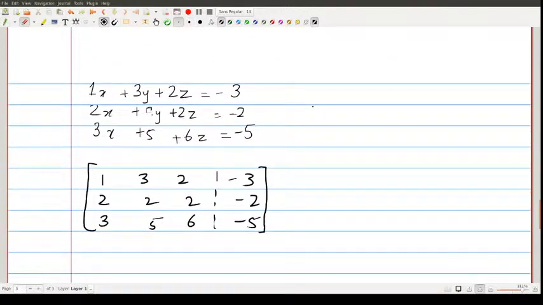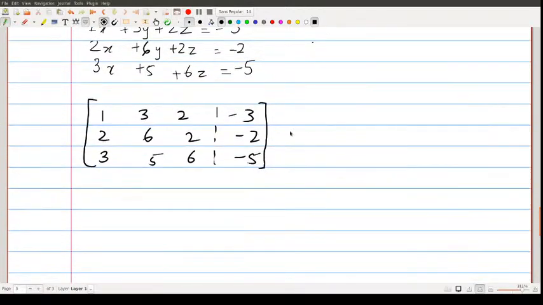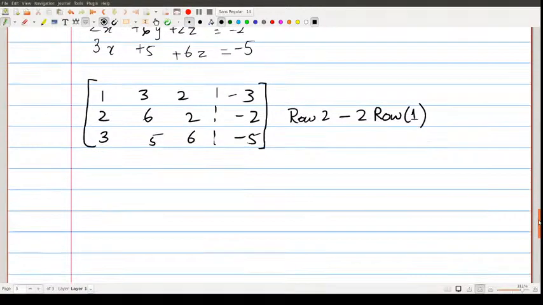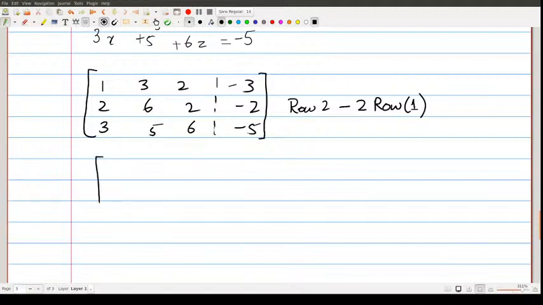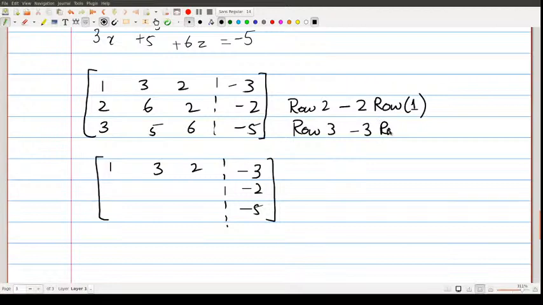Let's look at something like, what if this variable had a coefficient of perhaps 2, 3, maybe this was 6. And now let's try the process of elimination. The process of elimination tells me that I do row 2 minus 2 times row 1. So I carry out this process, 1, 3, 2, minus 3, and let's do row 3 minus 3 times row 1 again.